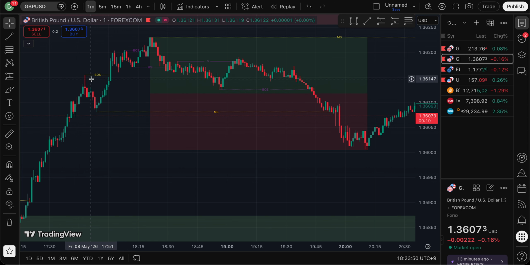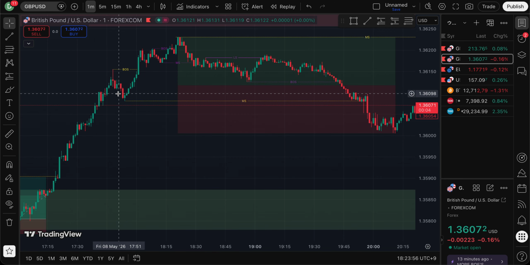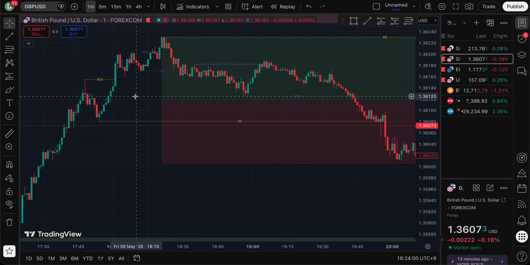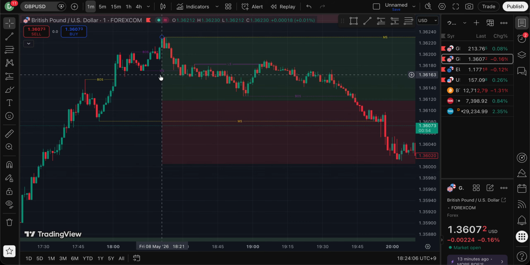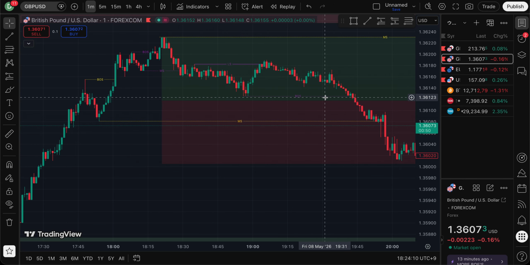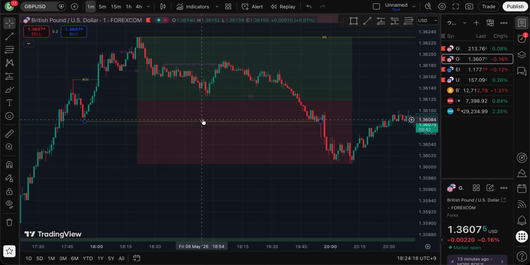Where is it? Here. It created this mark shift on the 5-minute time frame. See here on the 1-minute time frame it's more obvious, right? There's a break of structure right here, and then price made a mark shift here, took liquidity and then started dropping. I was actually waiting for some sort of this mark shift, the 5-minute time frame action.